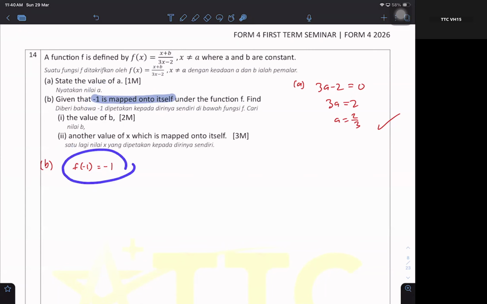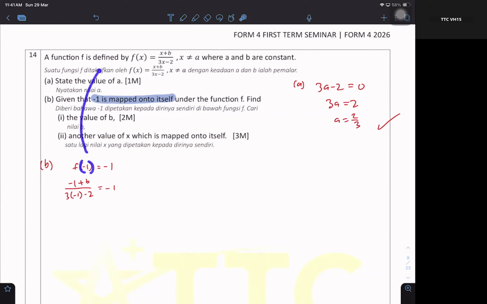Then you continue from here. What should we do? You should do the most important thing. What is the most important thing? Take the bracket sub into the x. Take the -1, sub into x. So it becomes -1 plus b over 3 bracket -1 minus 2 equals -1. The right hand side, always just copy.